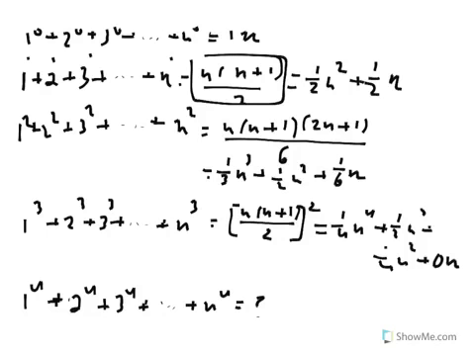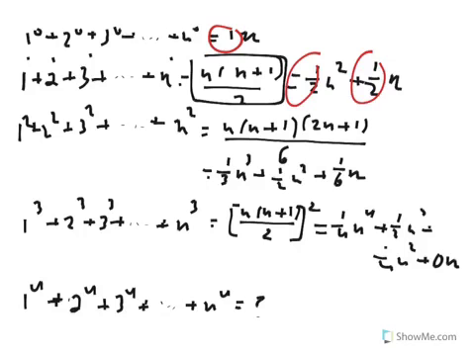That 1 comes from here. So the first row has the 1 in it. The second row is going to have two numbers in it, which are 1/2, 1/2. And the third row is going to have the numbers 1/3, 1/2, 1/6.